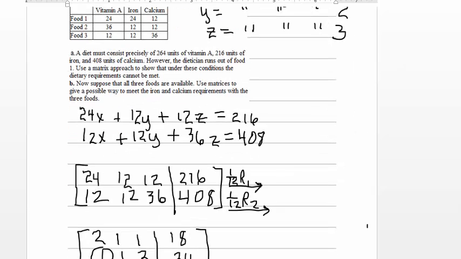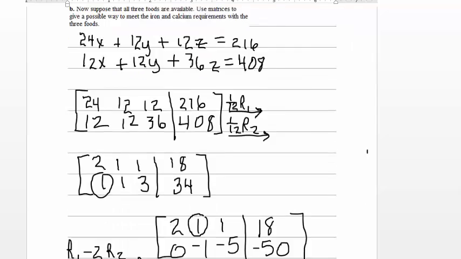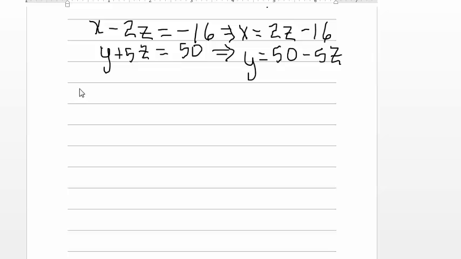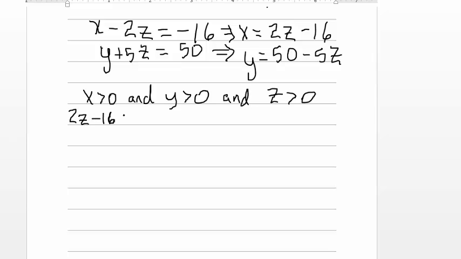So I want to find a possible way to meet the nutritional requirements for iron and calcium. But here's what I need. I need x to be bigger than 0, y to be bigger than 0, and z to be bigger than 0. So I need all three of these things to be true.